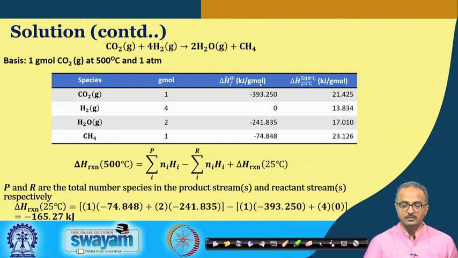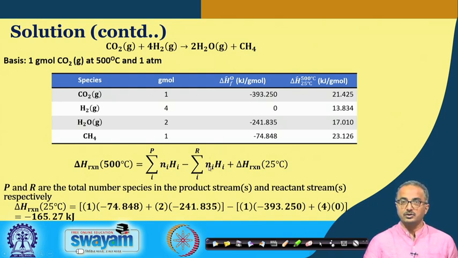We are now again going back to the problem. We are again getting the values of the heat of formation from the data table, and here we are writing all the stoichiometric gram moles as per the reaction, and here we are putting the sensible heat terms which we are putting over here, and you can see that we are writing the heat of reaction at 500 degrees centigrade as this is the total heat on the product side.